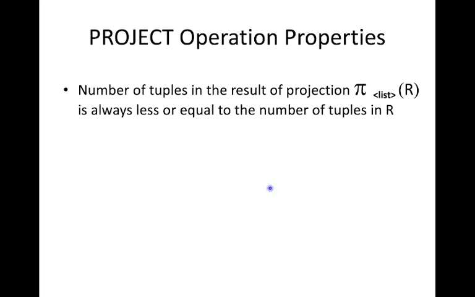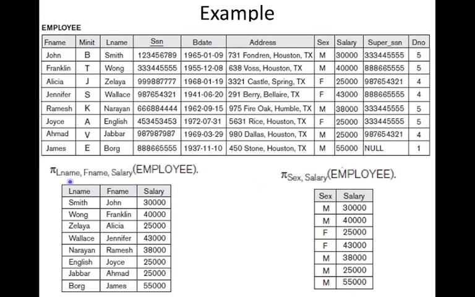For example, we will take the same example. So if we have this list 1, last name, first name and salary, and we are using another list 2 as first name and last name. So if you are projecting, list 2 is first name and last name, list 1 is last name, first name and salary.